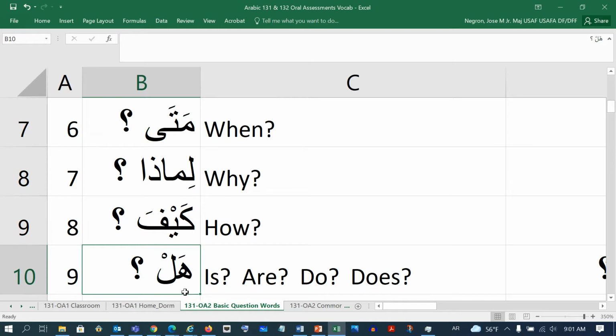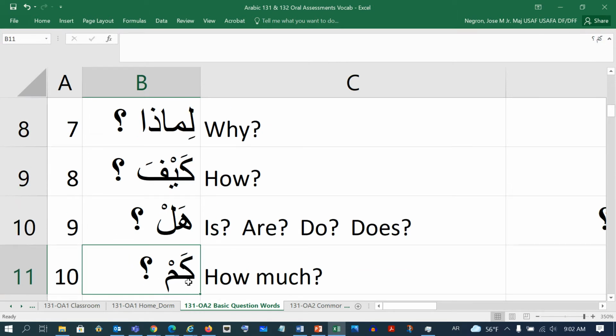Does he go to the movies? If you want to ask any of these questions that in English start with one of these forms of the verb to be, is or are or am or do or does, then you want to use this interrogative particle, this question word, hal, and we'll provide some examples in a little bit later.